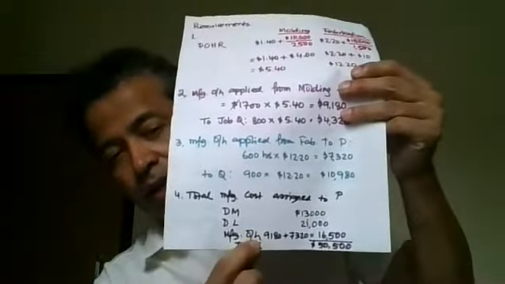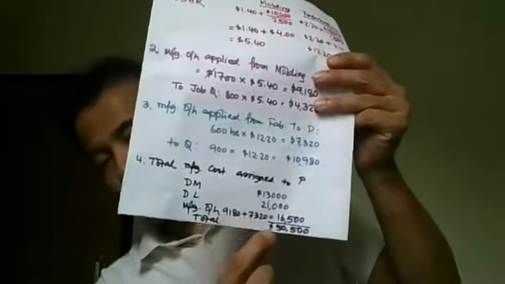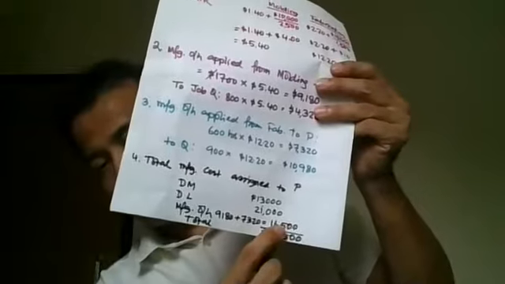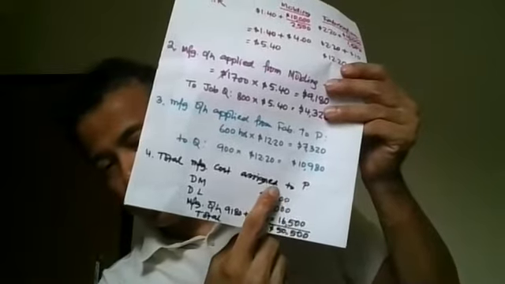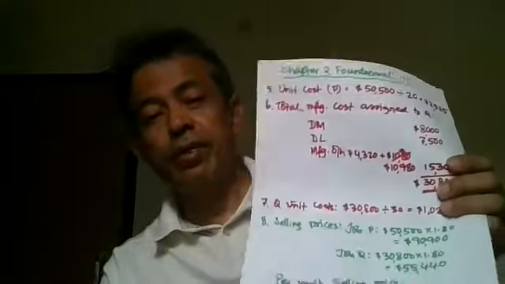Molding to P was 9,180 and fabrication to P was 7,320. Add the two together, and that's your manufacturing overhead applied to P. Then add material, labor, and overhead, and your total project cost is $50,500.